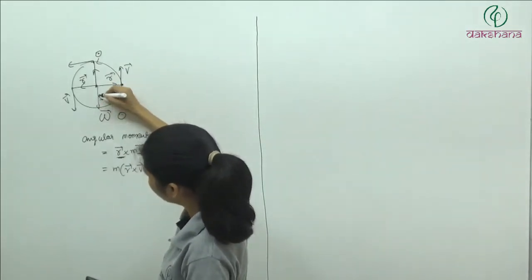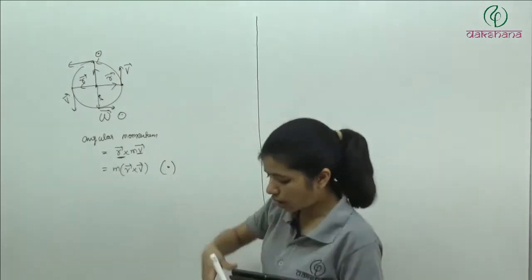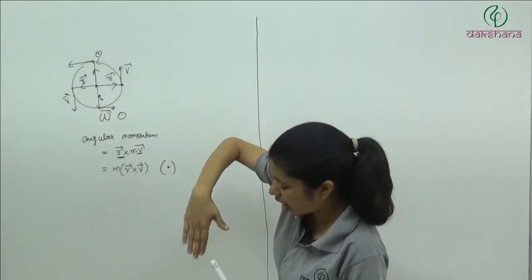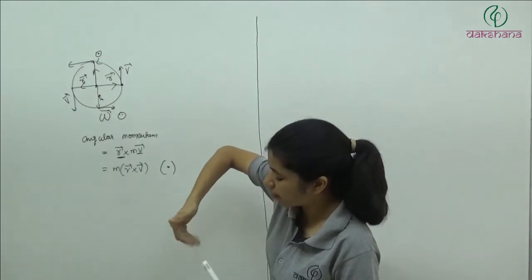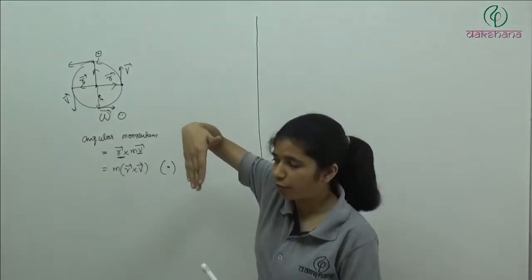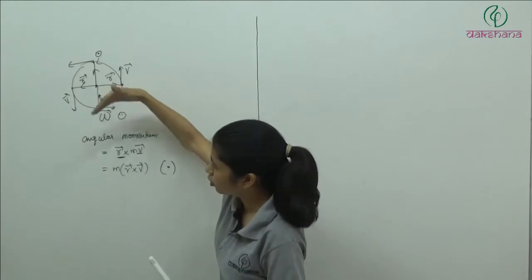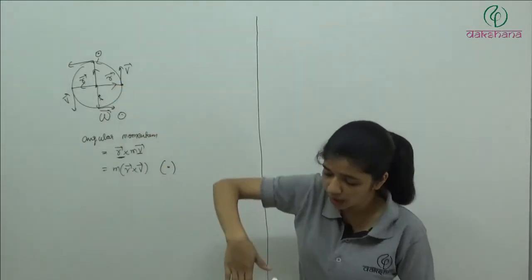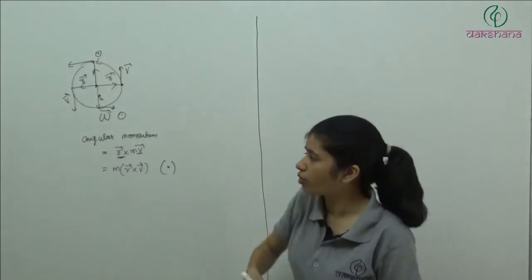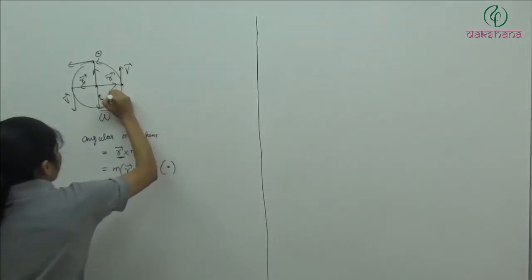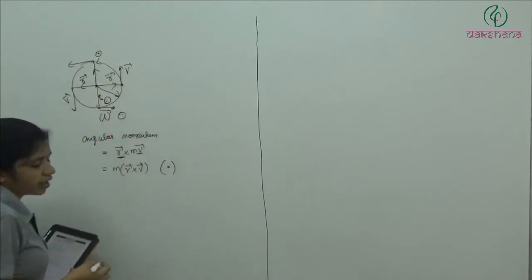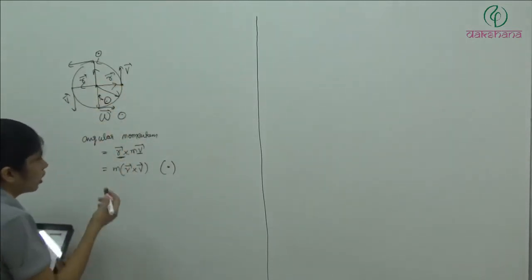So r cross v, first vector r is in downward direction, and v is in this direction. So r cross v, again it is outside. So what we are seeing on all the points, if you take some intermediate point also, you will find it is in the outward direction.